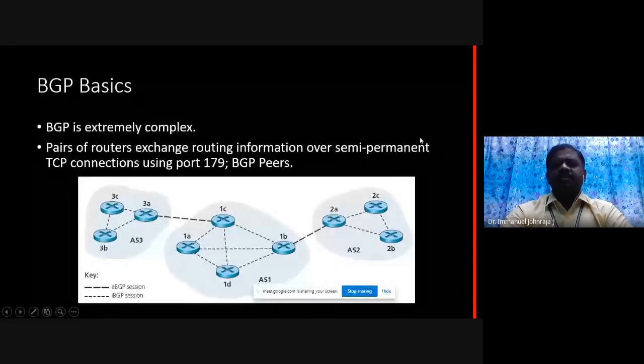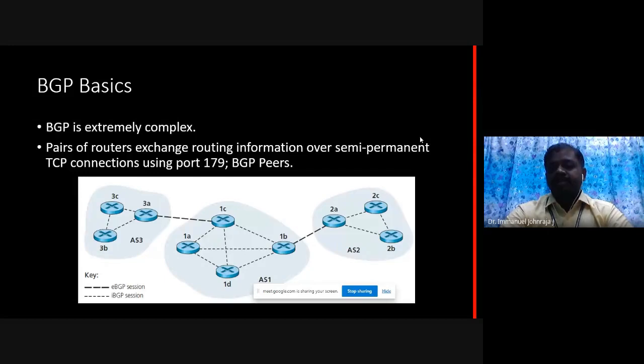We have learnt about the basics of BGP. It's extremely complex, but the configuration is very simple. It uses TCP port number 179, and we have BGP peers. If router 1C and 1B are able to talk to each other, they are called neighbors. Once they have established a TCP connection among them, they both become BGP peers.